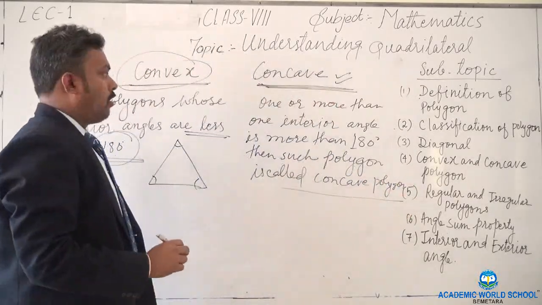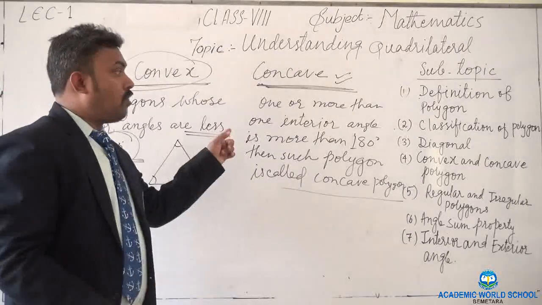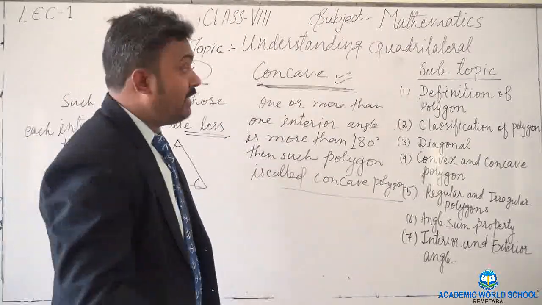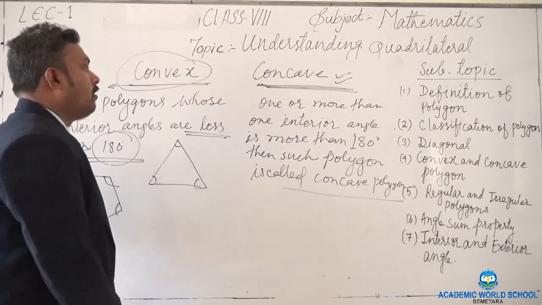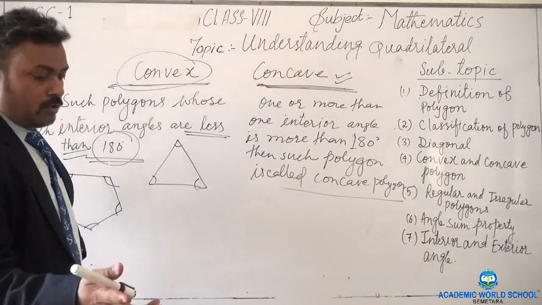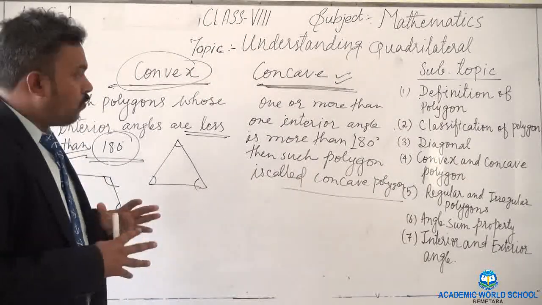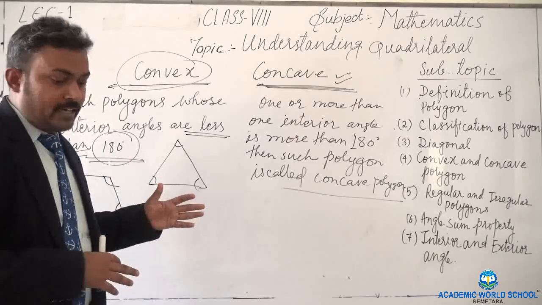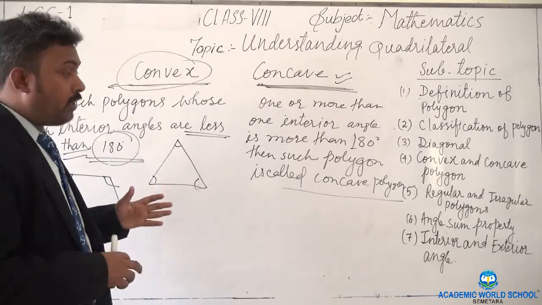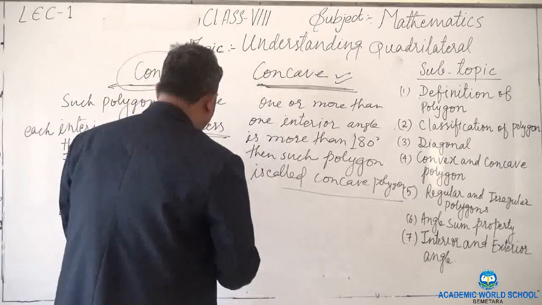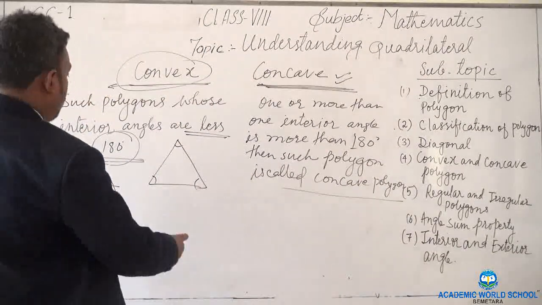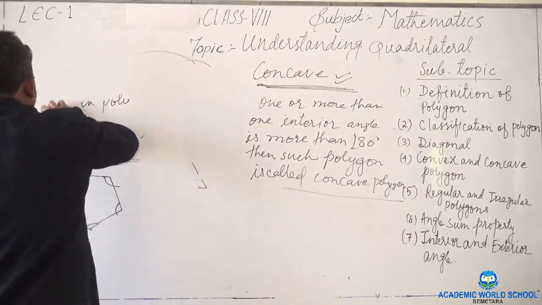Okay, so to be a concave polygon, one or more than one interior angle should be what? The measure of that interior angle should be more than 180. Now I will make a diagram for this, then you will understand it very easily.